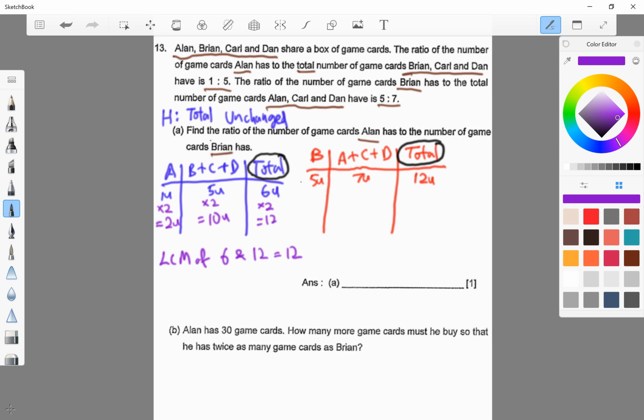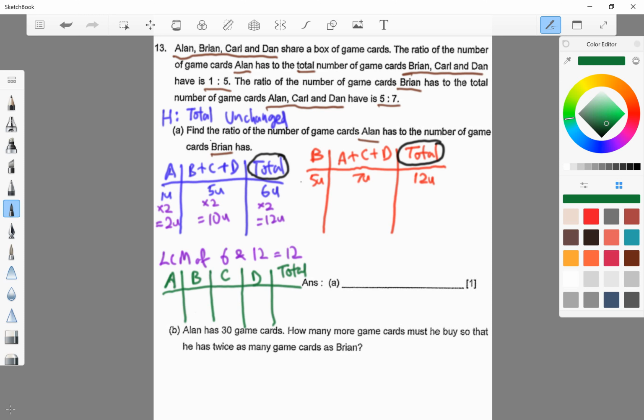For questions like this, it is highly recommended that we have another table to list out all the 4 characters individually. So now I'm writing down the next table in green. I have A, followed by B, C, and D, and last but not least, my total.